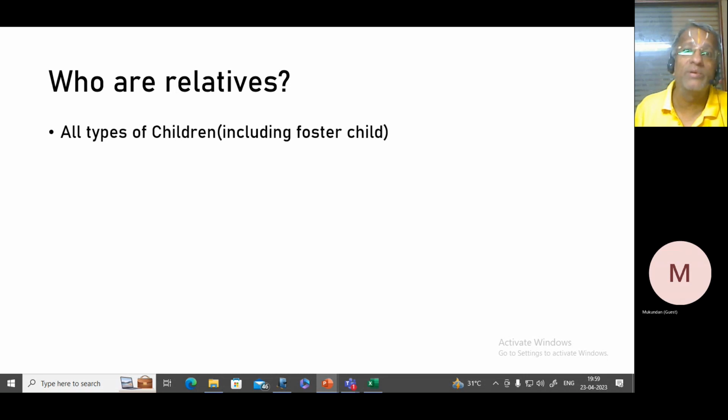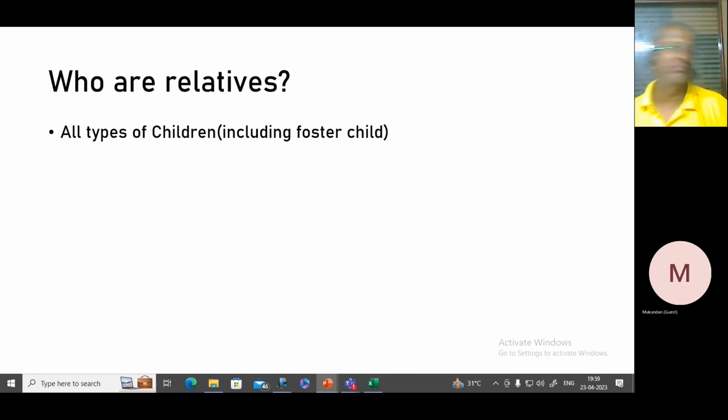The answer is yes. I have not taken foster child under qualifying child, but foster child is included under relatives. That's very important. All types of children who do not qualify under QC can be taken up as QR also.